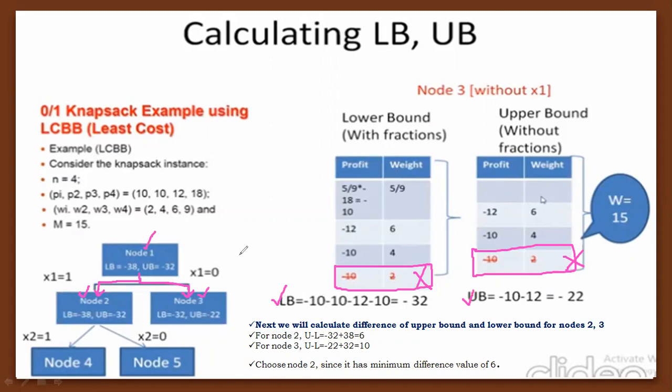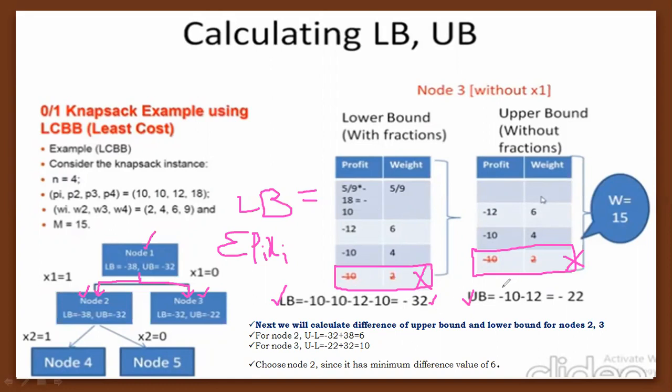If you want to calculate the lower bound, the formula is sum of Pi Xi. Here you need to calculate P2 X2 plus P3 X3 plus P4 X4. So you will get the value minus 32.